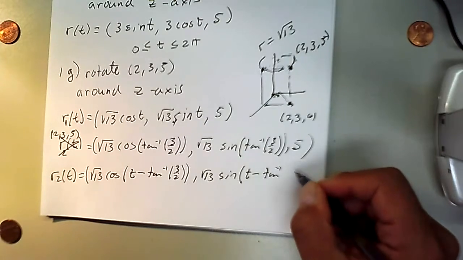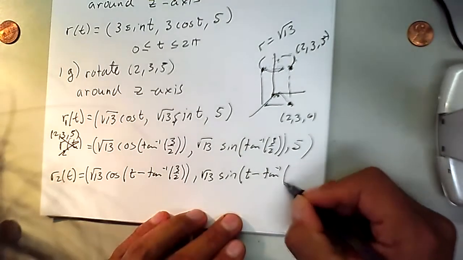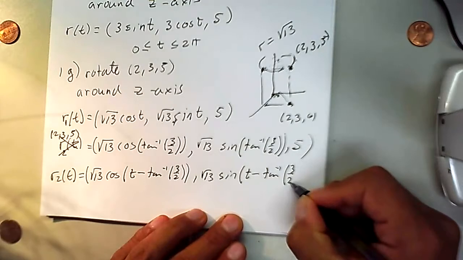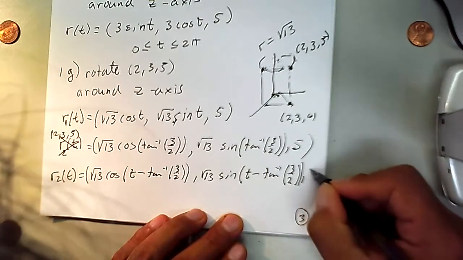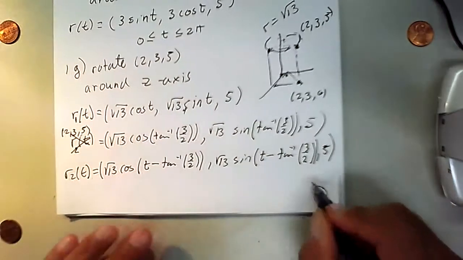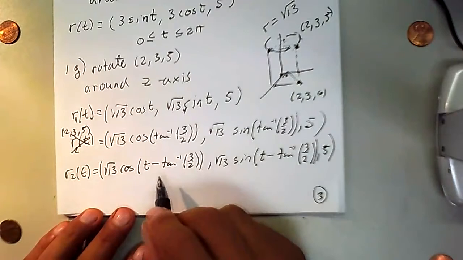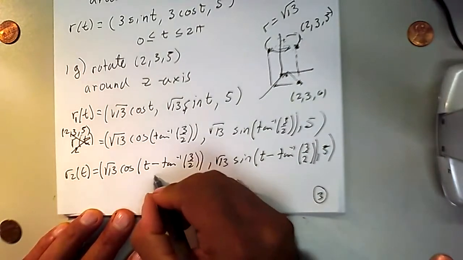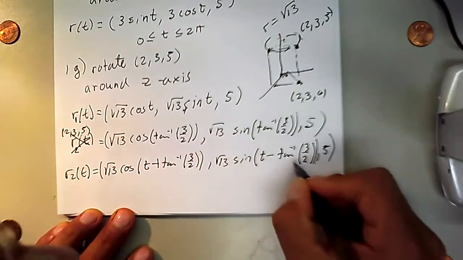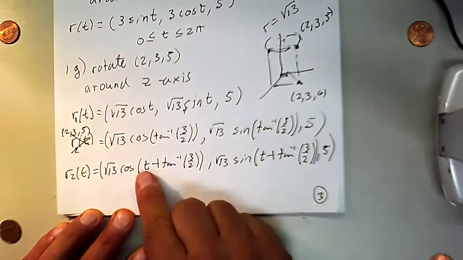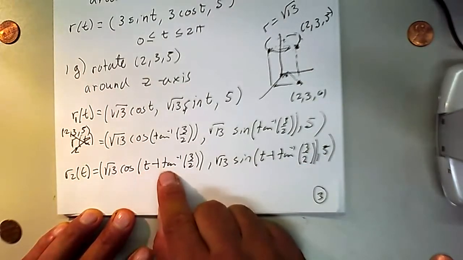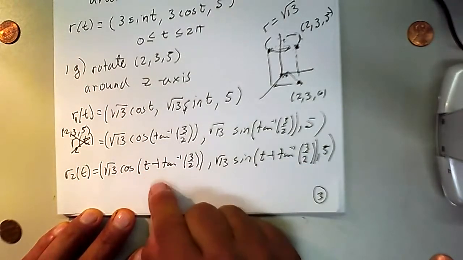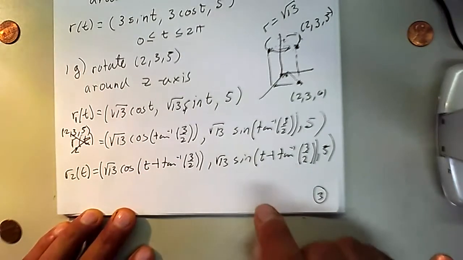I'm going to adjust this in a moment. I think we don't take away, we add over 2, comma, close parenthesis, 5, close parenthesis. Okay, that was a squeeze. Now let's double check. When t is equal to 0, those numbers are going to be negative. So we really want to start with plus, plus, and as t increases, we're going to add to the angle. So I think that will do.